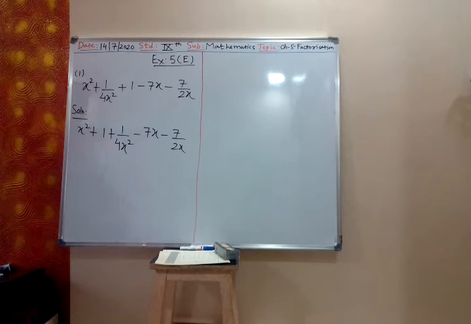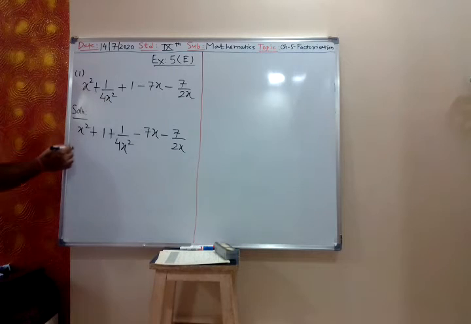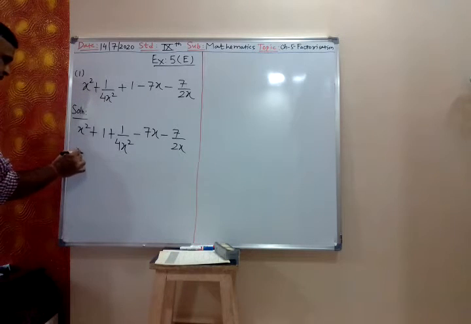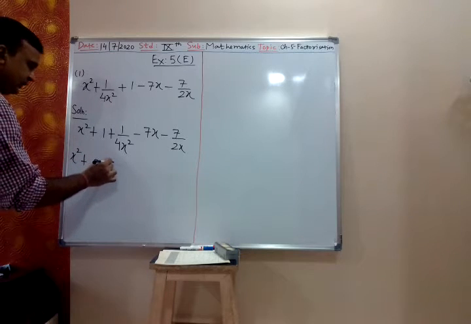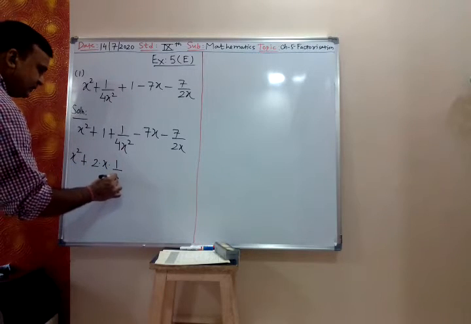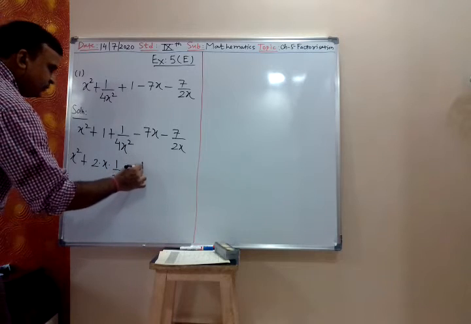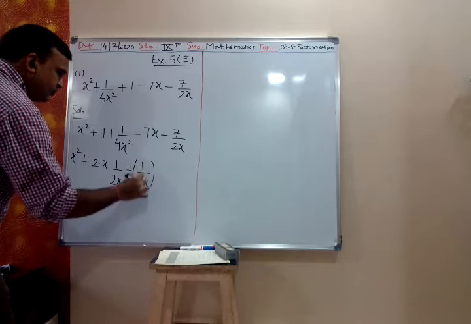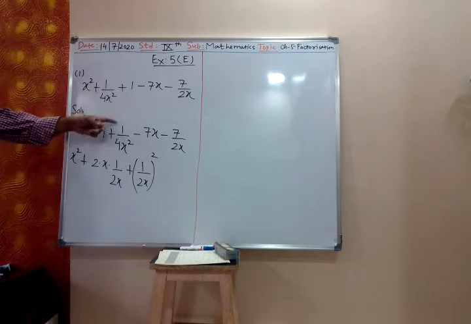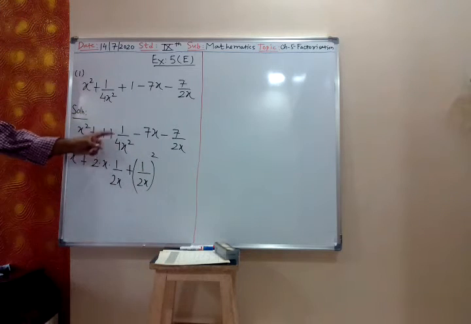x square plus 1 plus 1 upon 4x square. Now this x square plus 1, I can write 2 into x into 1 upon 2x. And 1 upon 4x square I can write 1 upon 2x whole square.